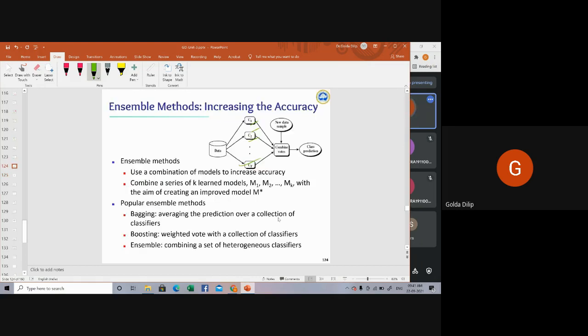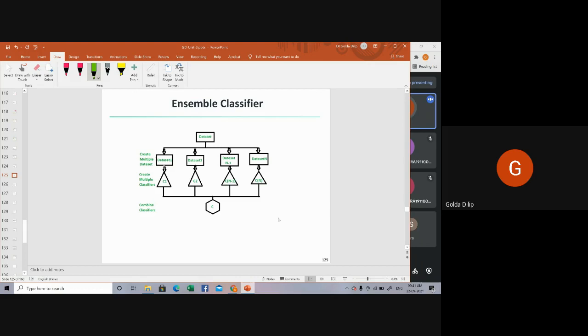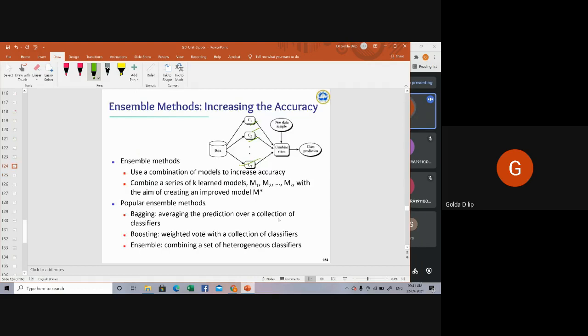You can see here, combining a series of k learned models with the aim of creating an improved model. When you say ensemble, it's a classification of composite models, a combination of classifiers. The individual classifiers vote, and the class label returned by the ensemble is based on how many votes it receives.